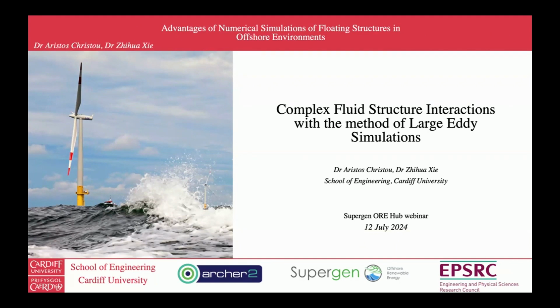So today, I'm going to talk about investigating wave structure interactions and fluid structure interactions in offshore environments using the method of large-eddy simulation. So I will cover several steps of the process, from developing the numerical wave tank, validating the code, and also applying the LES numerical wave tank to realistic offshore environments applications.